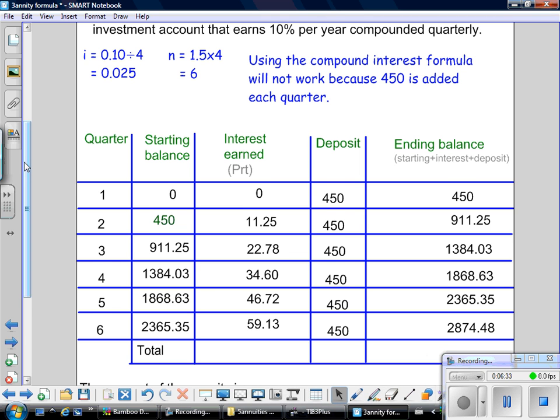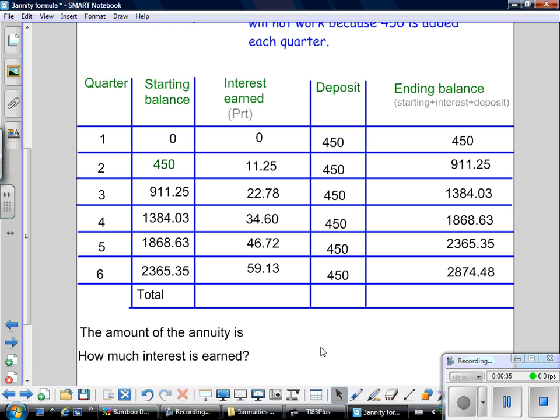So what this means is the amount of the annuity is going to be this amount here, $2,874.48, and the amount of interest.